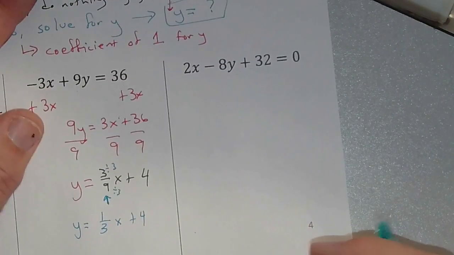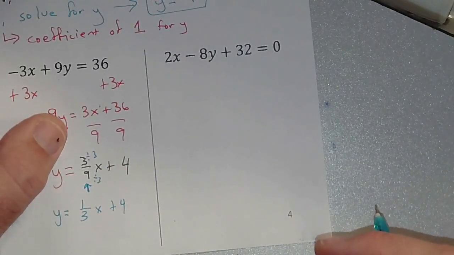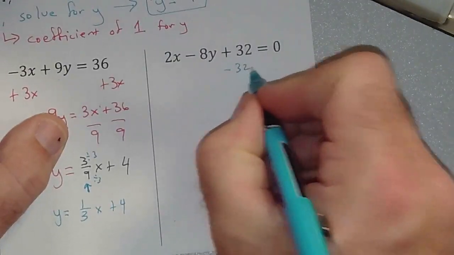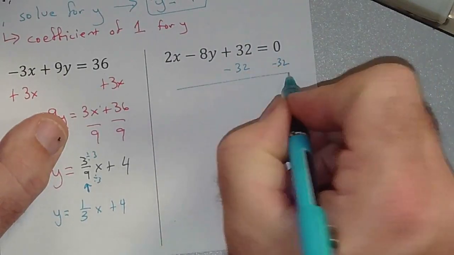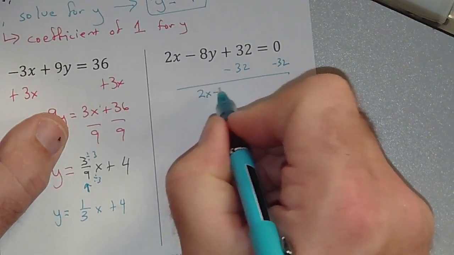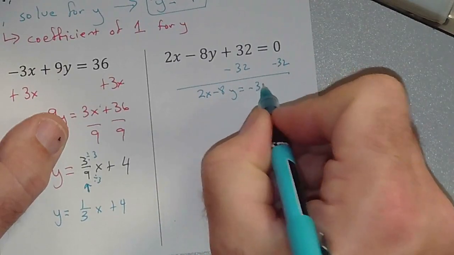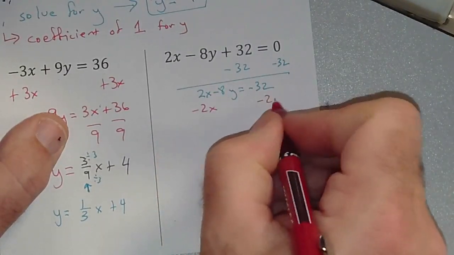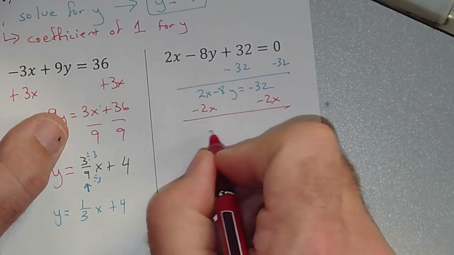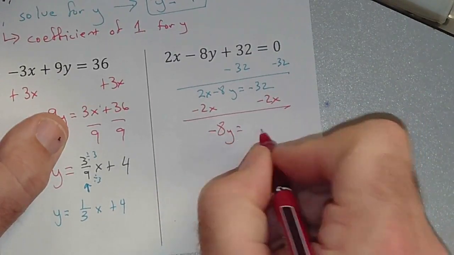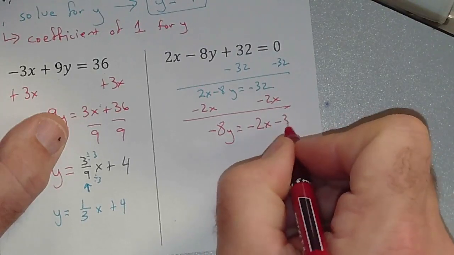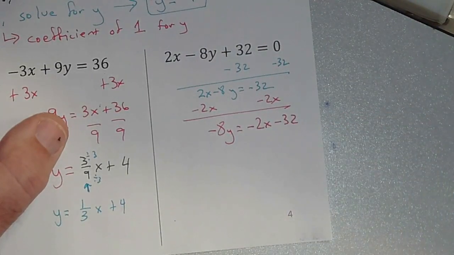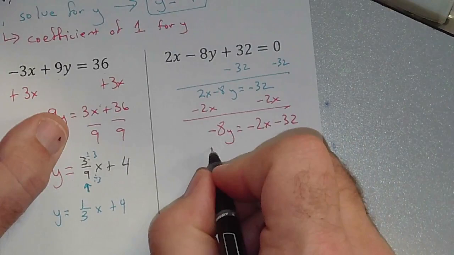Okay, one more. Ooh, we've got 2 to move. Let's take 32 from both sides, which leaves me 2x minus 8y equals -32. Now I'm going to take 2x from both sides, which leaves me -8y equals -2x minus 32. Now, don't overthink here.